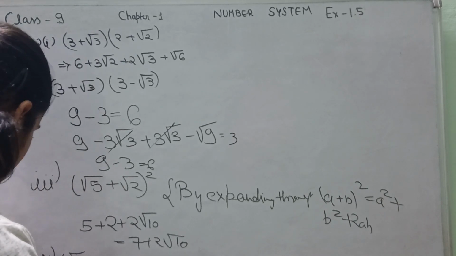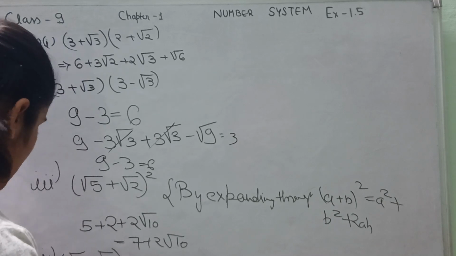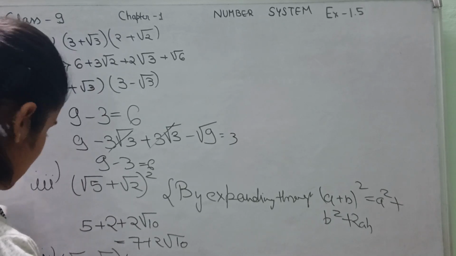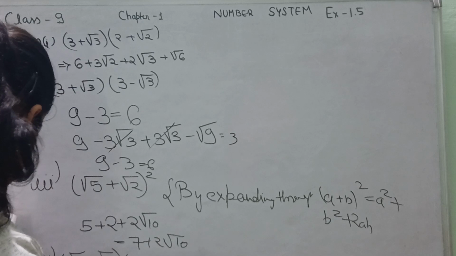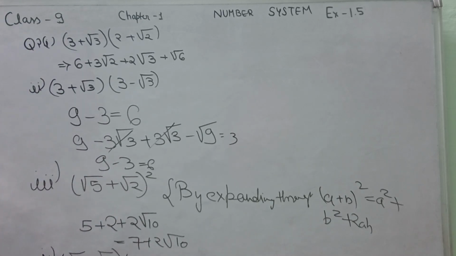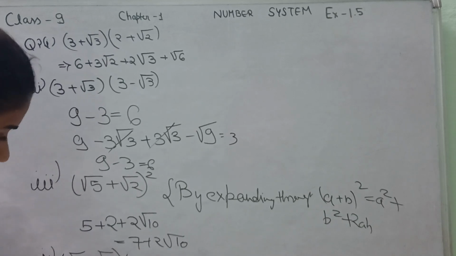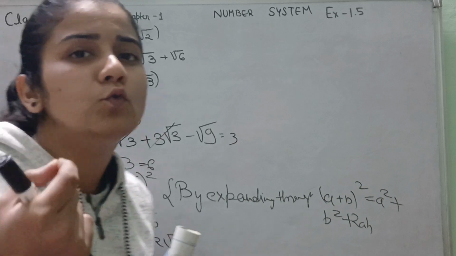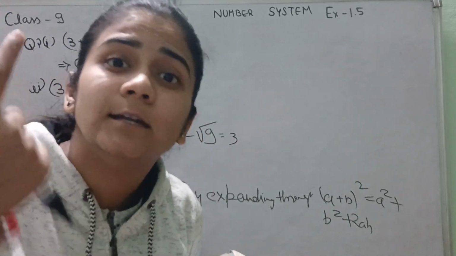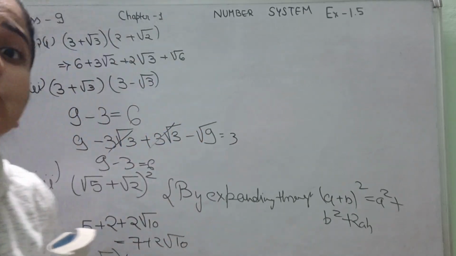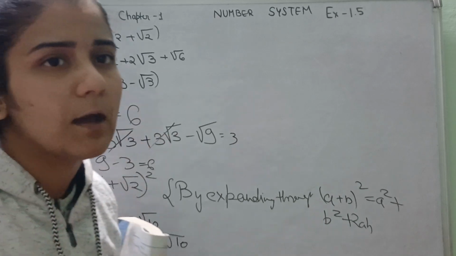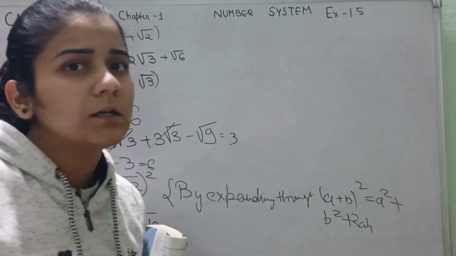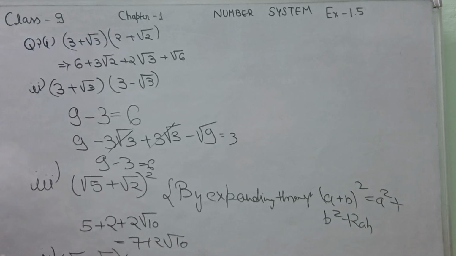(Root 5 minus root 2) (root 5 plus root 2). Okay, this is also similar to this one, a plus b, a minus b. It is all a concept of how you remember the identities which you have learned or which you are going to learn. It's basically in the second chapter, polynomials, but it's all about how you learn.